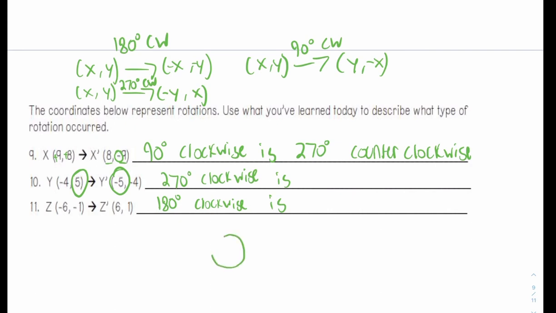That's 1, 2, 3. If we went the other direction, that would have been 1 quadrant, which is 90 degrees. 180 degrees, that's a half turn. Or in the other direction, it's still a half turn. So it's still 180 degrees.